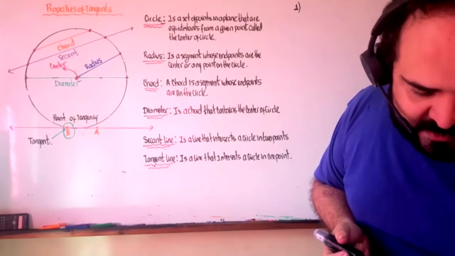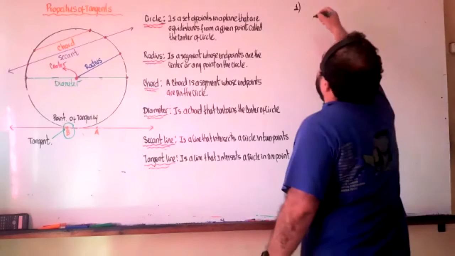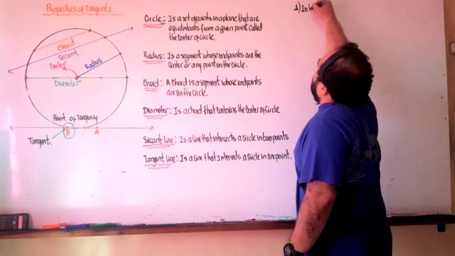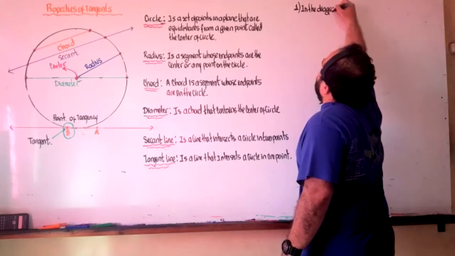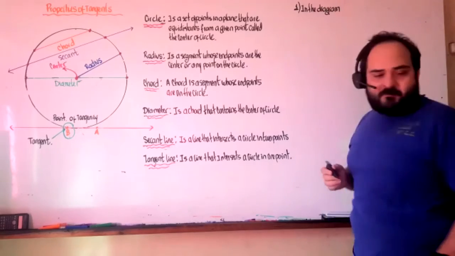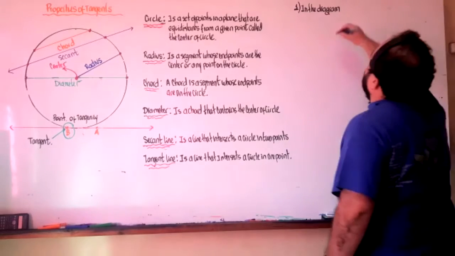In the first example, it says in the diagram, B is a point of tangency.